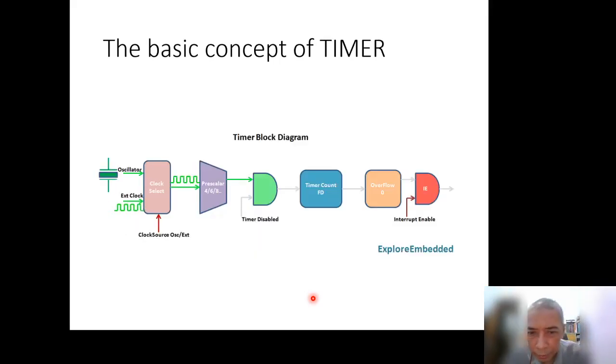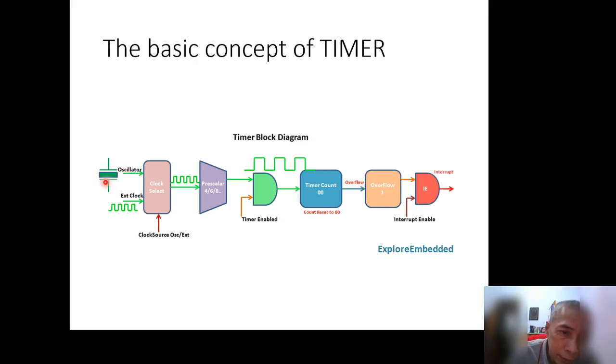This is the illustration of the basic concept of a timer. You can watch it on exploreembedded.com. Right here you can select the source of the timer, whether it's the oscillator or maybe an external clock source.